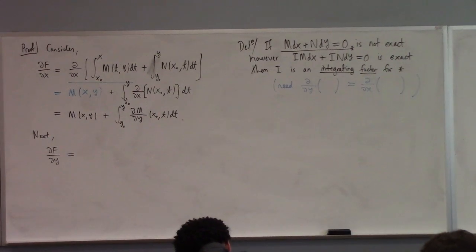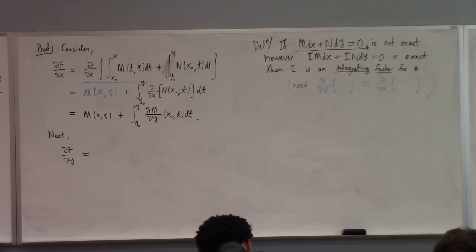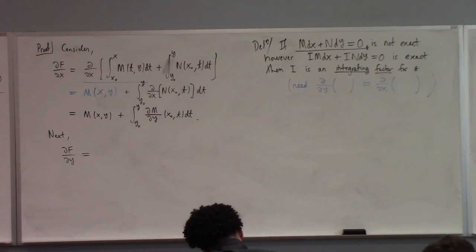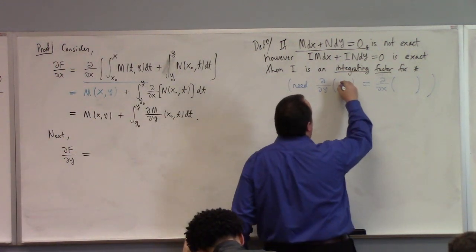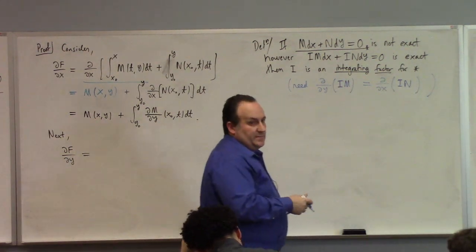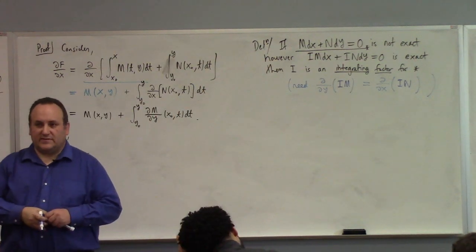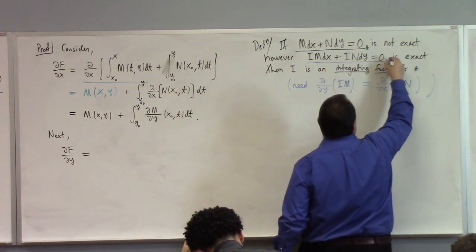Small victories. I remember to move the camera back down. What's that? Oh, that's not going to work because this is not an exact equation, so those are not equal. What's that? I alone wouldn't do it either. What we want is im here and in here. That would make the new differential equation, let me call it star star, exact, which means we could solve it like an exact equation, right?